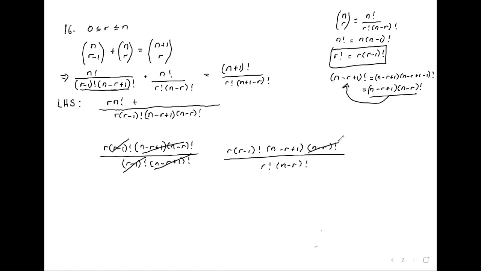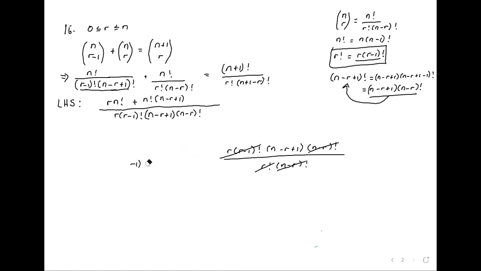So this and this will cancel directly. Then r factorial here, this r factorial has been defined as r minus 1 factorial, which is this one here. So what we remain with on top will be multiplied by n factorial, which is n minus r plus 1, like that.